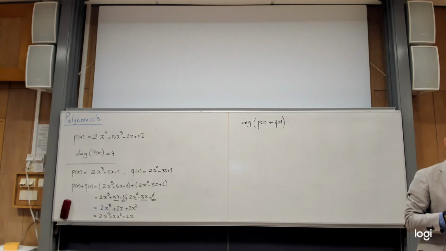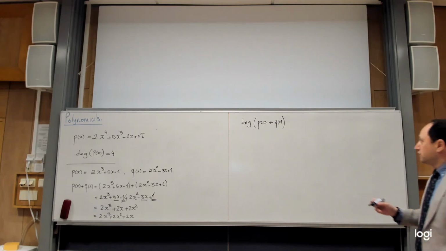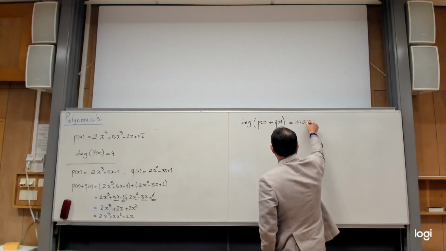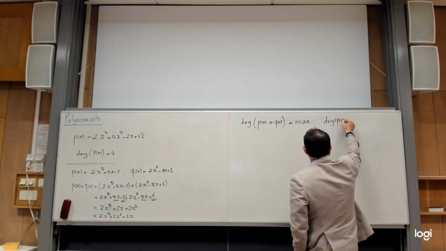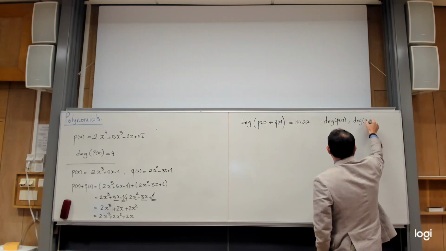What's wrong? Well, yes, because it might happen that we are unlucky, something happens. So what Gustav is saying, and some of you confirm that, is that we take the degree of p(x) and then the degree of q(x) individually.